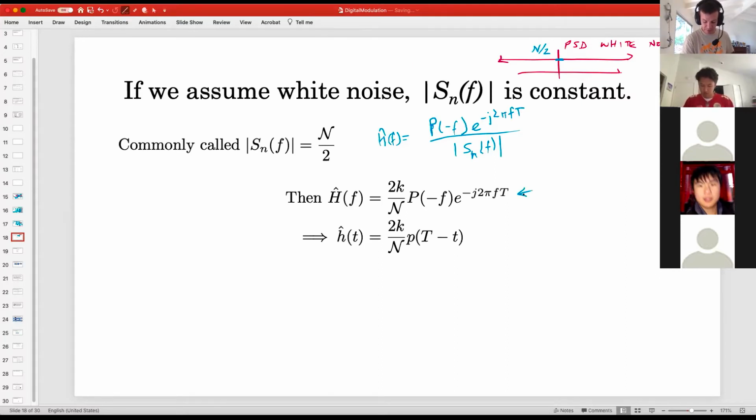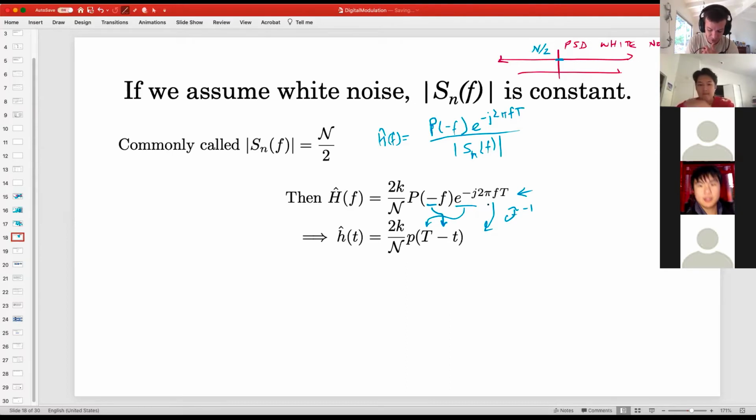And the last step is going into the time domain. So from here to here, I'm taking an inverse Fourier transform. So we have a frequency reversal becomes a time reversal by duality, and a complex phase addition becomes a time delay or advance, whatever sign you have here.